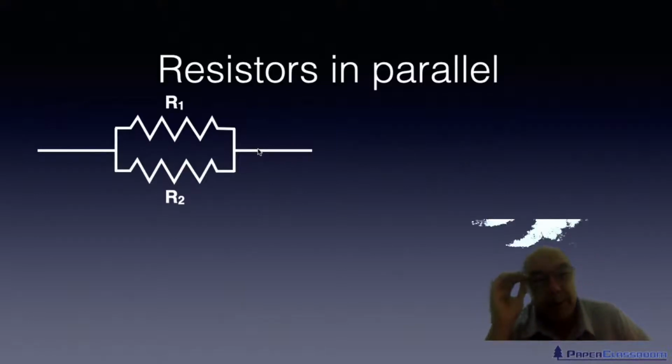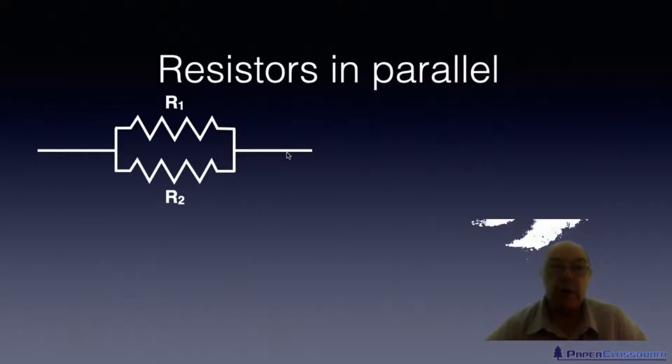It all depends on the values of the resistors to what the final resistance is and where the electricity goes. So if both resistors have exactly the same resistance, then electricity will flow equally across the 2. If this is a big resistance and this is a small resistance, then a little bit of electricity will go that way and most of it will go this way.